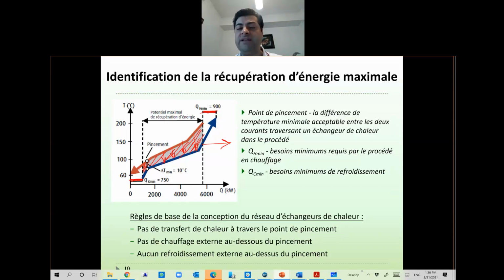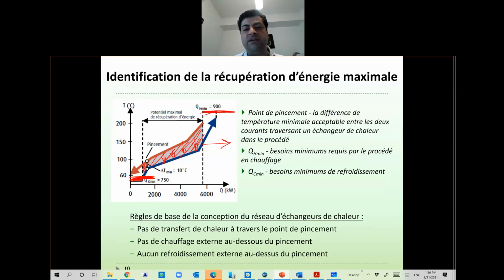You will have less overlapping zone, and consequently, you will have a larger requirement for utility cooling, or a utility cooler, and a larger zone for the utility heater. So by just shifting one composite curve relative to the other one, you can have higher utility or less utility. In other words, you can have more heat exchangers or fewer heat exchangers in the overlapping zone.